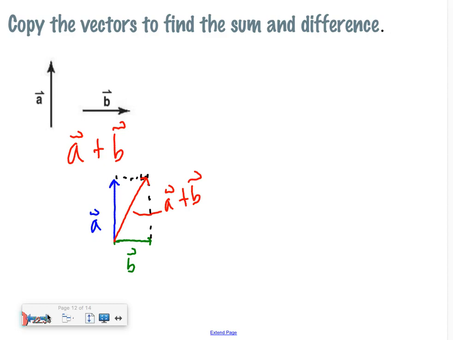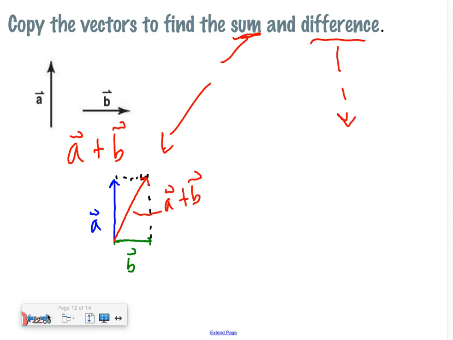What's that? Yep, well the sum, that's adding, right? Now we're going to do the difference, we're going to subtract, now we're going to do a different problem. So that was our sum. Summing means to add. Now we're going to find the difference.